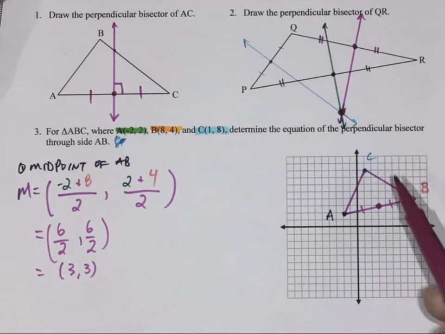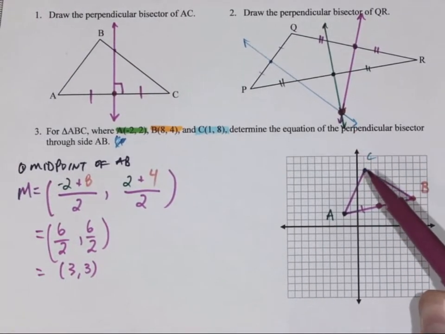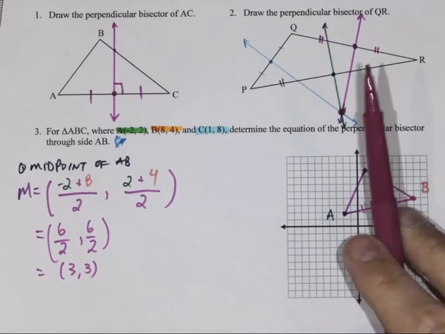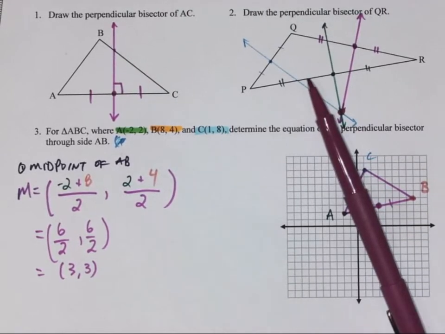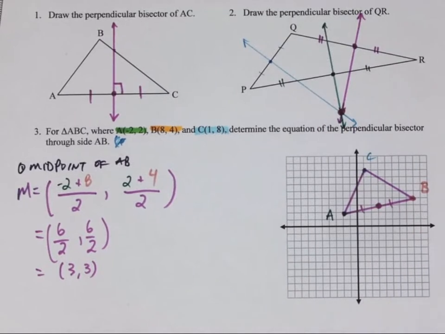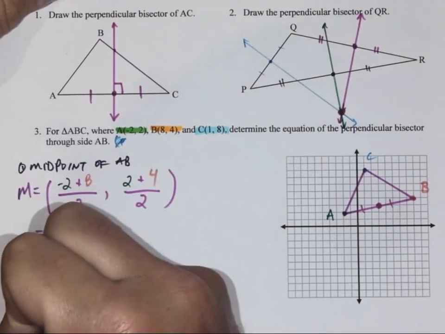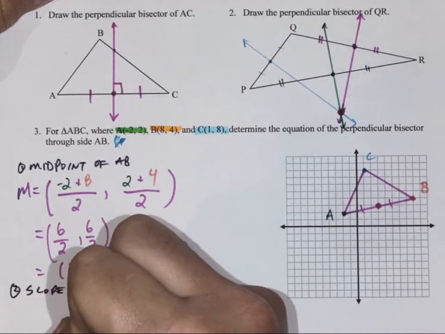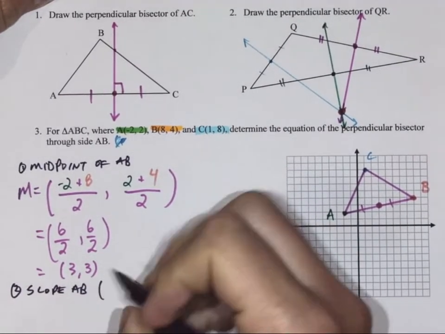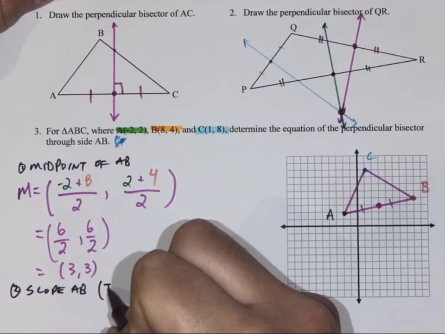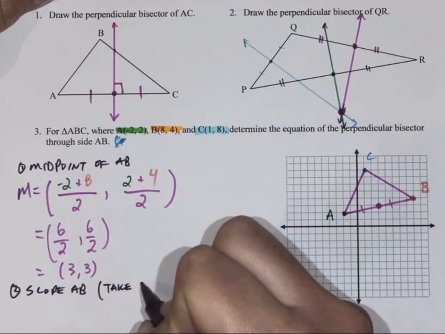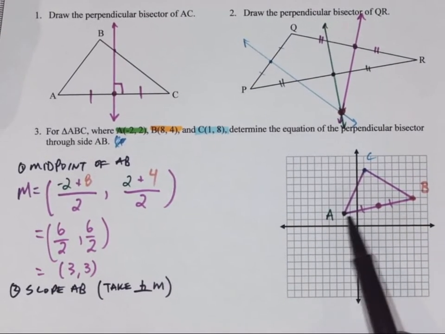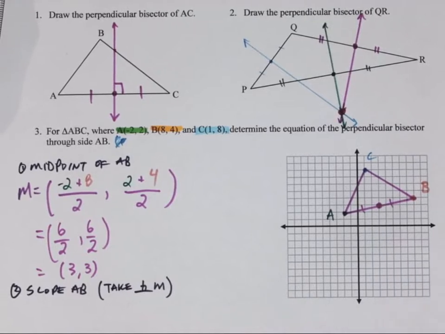Now, because the graph is here, this is just going to support our math. But once again, if we need it to cross at 90, we're going to take a perpendicular slope. So our second step is we need the slope of AB, and then we're going to take the negative reciprocal slope and use that to go from here.